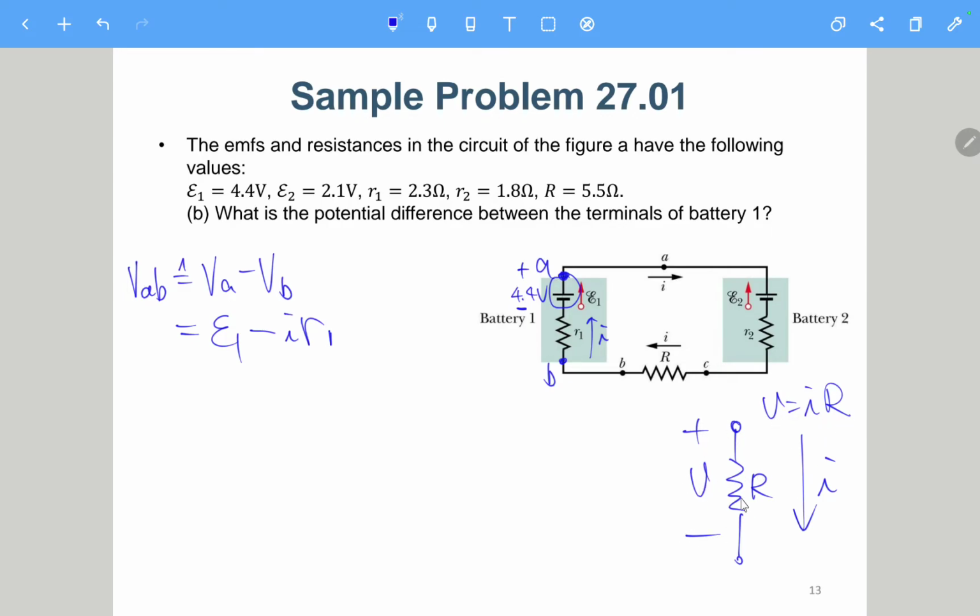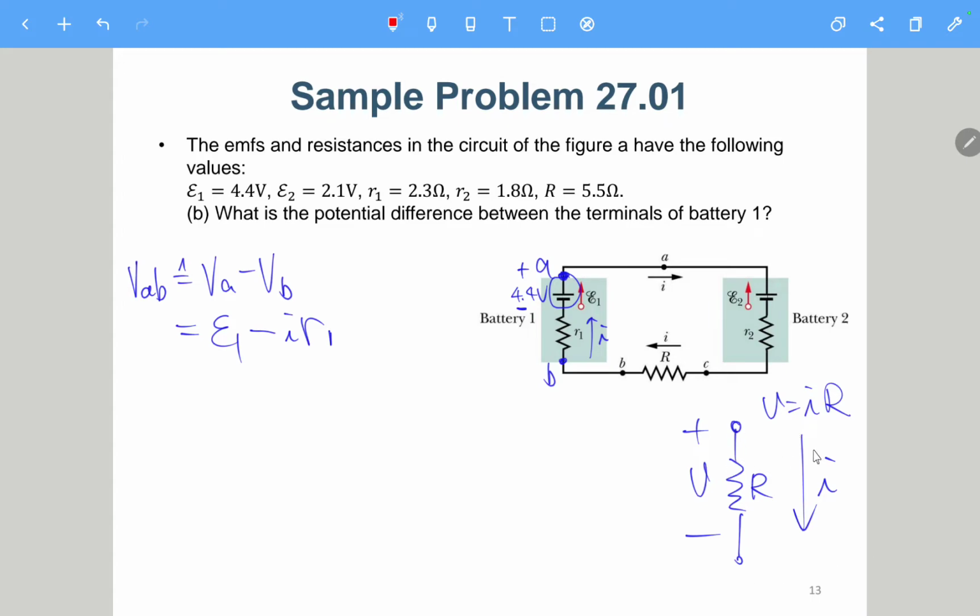If it is the other way around, if we define V with the same direction as I, then we should have V equals negative IR rather than that one. But usually you try to keep it uniform so that you only use this one.